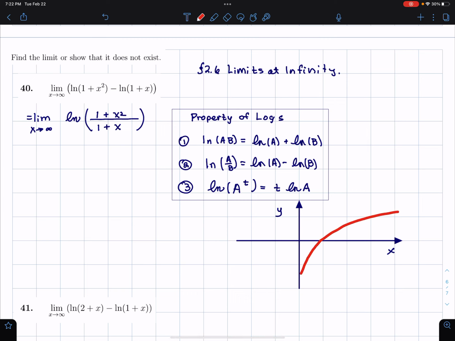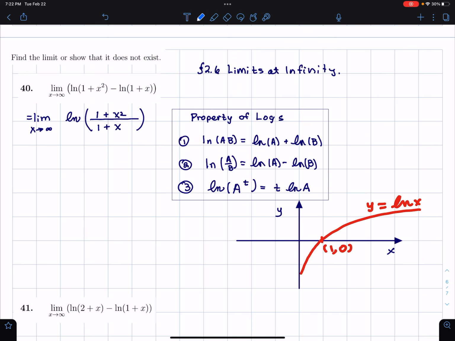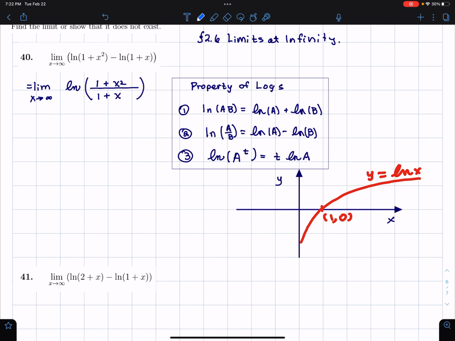But here's the graph, roughly speaking, of y equals ln x. And part of what we are going to accept, although we could prove it, but that's another video, is that the limit of ln x as x goes to infinity is equal to infinity. So see, this guy grows, but it grows very slowly.